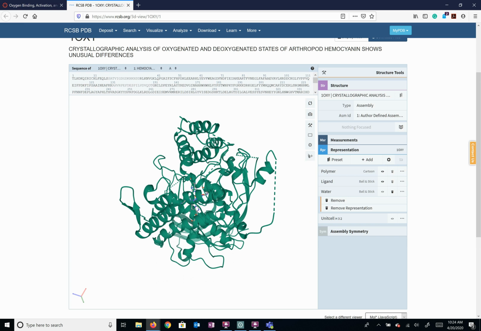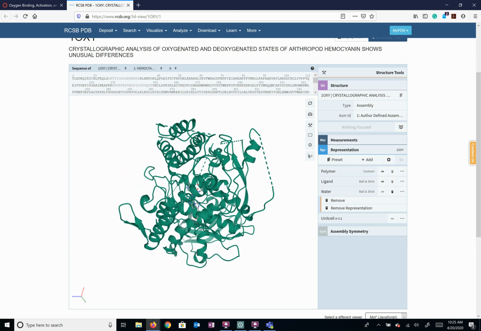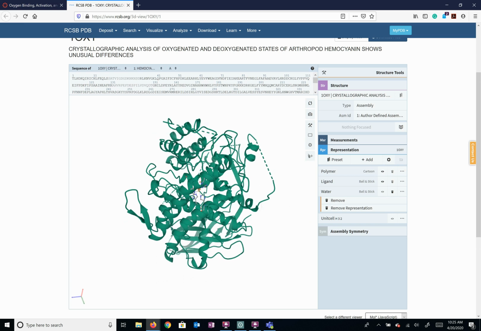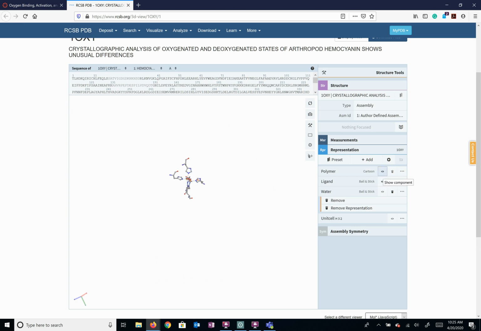This is the link that I posted for you guys in the chat, of the crystal structure of, I believe, just one of the subunits of some form of hemocyanin. What I'm going to do is get rid of the polymer there and just look at the active site.